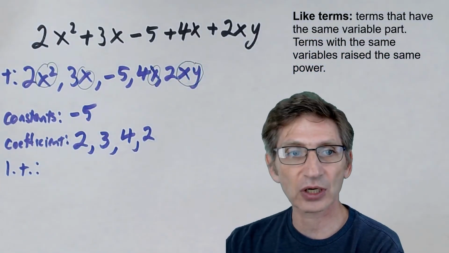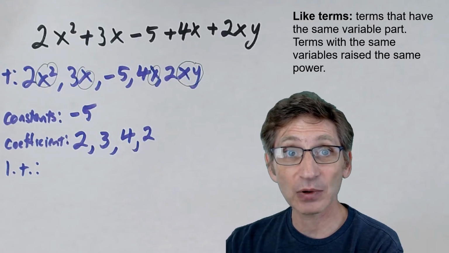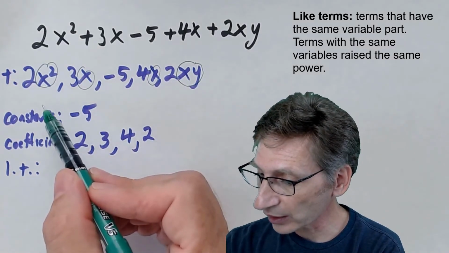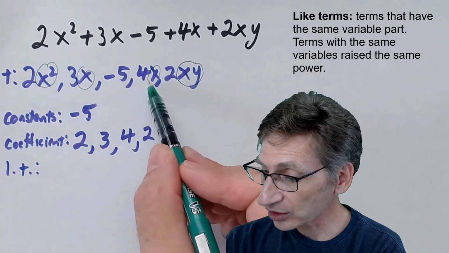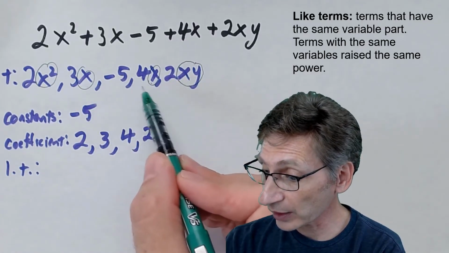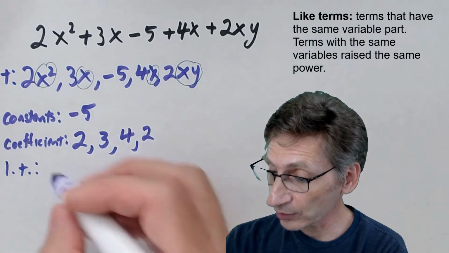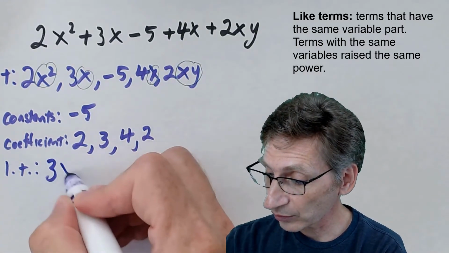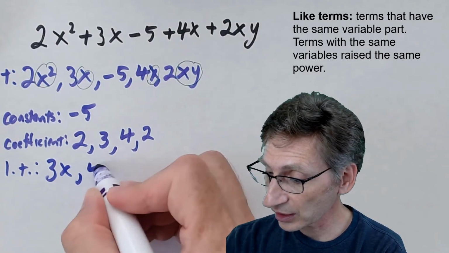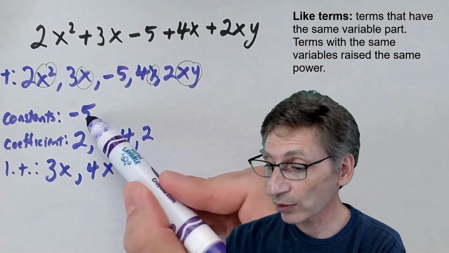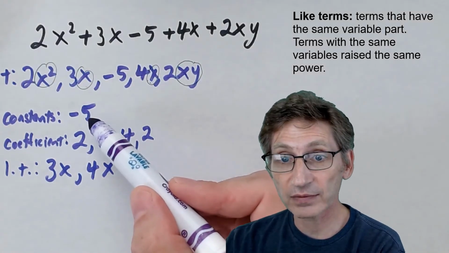Which of these terms have the exact same variable parts? Well, there's nothing else with an x squared. I have a 3x and a 4x, so those have the same variable parts. And there's nothing else with an xy. So my like terms are the 3x and the 4x. I don't have any other like terms. There are no other constants other than negative 5.